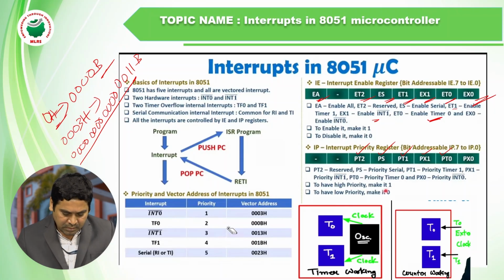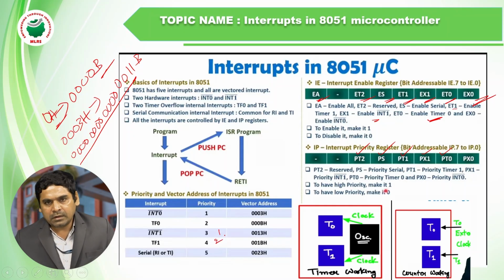You can observe that I want to give first priority to INT 1 bar and second priority to TF1. These two priorities are set by the user or programmer. How are the next priorities given? You take your original priority order: serial RI or TI is third priority, next fourth priority INT 0 bar and fifth priority TF0.